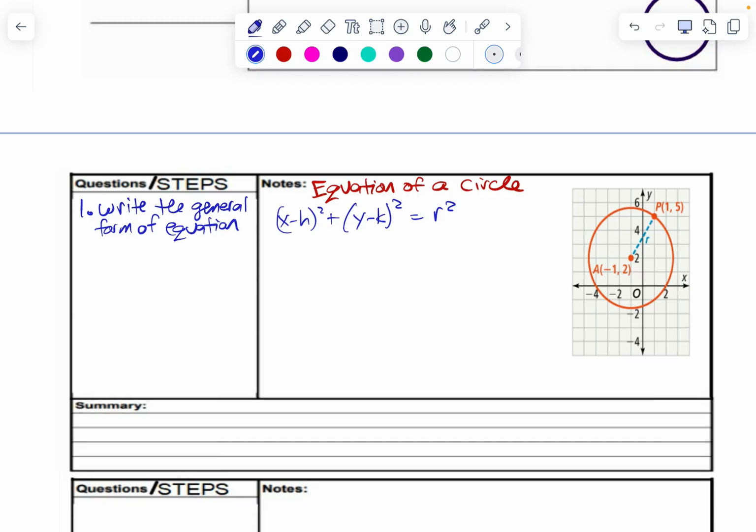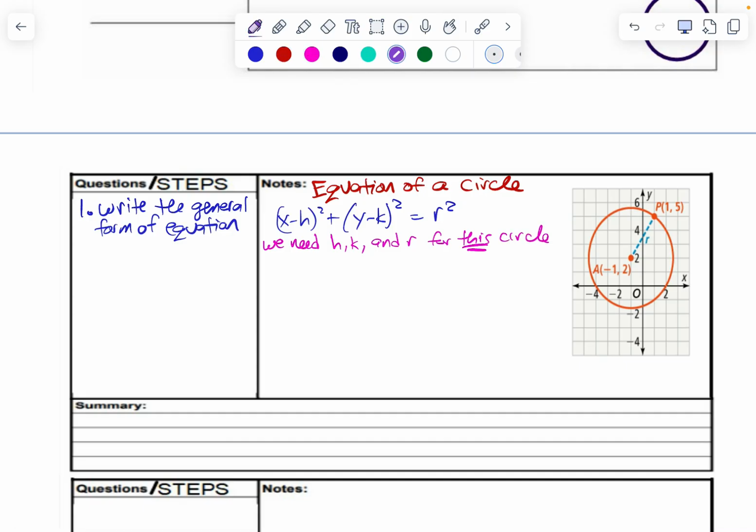Yep, so H, K, and R. We need H, K, and R for this circle. That's what will make this an equation for this specific one.